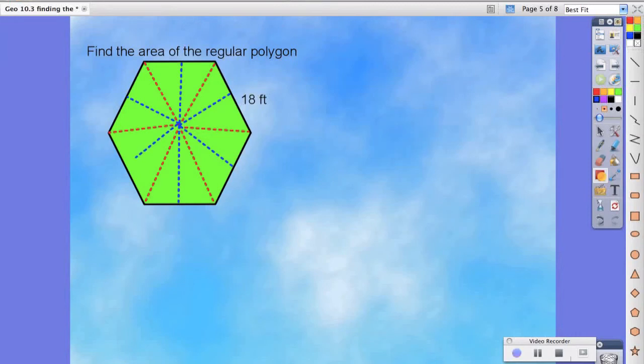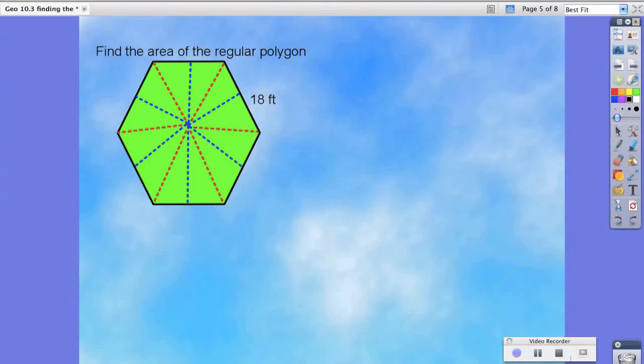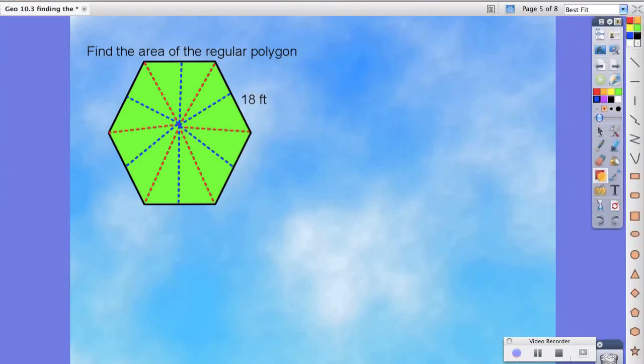Now, what we're going to do to make this slightly easier is we're literally going to take one of these triangles and work with one triangle only. So, we're going to recreate this bottom triangle right here.